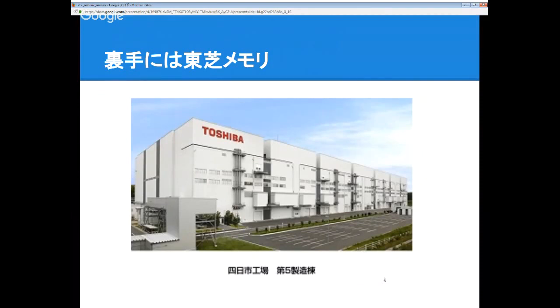From my parents' home, I can see this building. It's close to my home, just half an hour by bicycle. Very close. So this is my hometown.